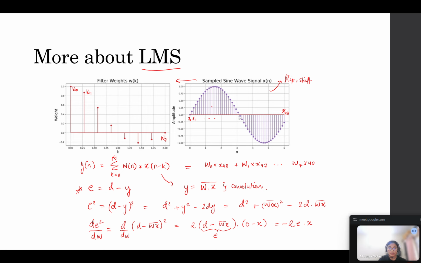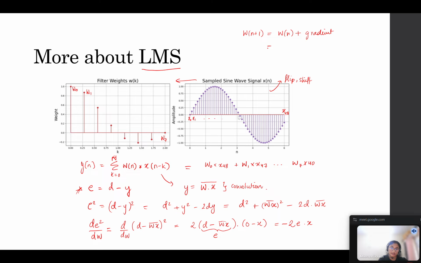Now when we use the gradient formula for the LMS algorithm, the n plus 1 filter weight is equal to the n filter weight plus the gradient, which we just calculated.